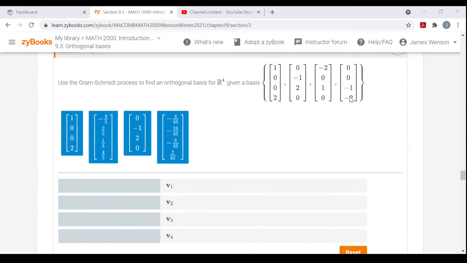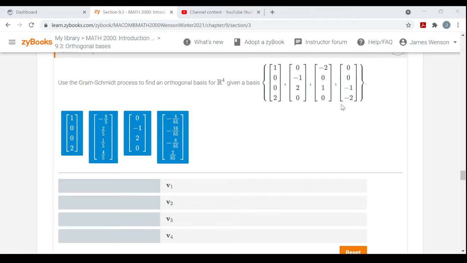Now this set of vectors is not orthogonal under the dot product. Just take, for example, the first vector and fourth vector. Their dot product would be 0 plus 0 plus 0 plus negative 4. So the first and fourth vector have an inner product of negative 4, not 0. So this is not an orthogonal set.